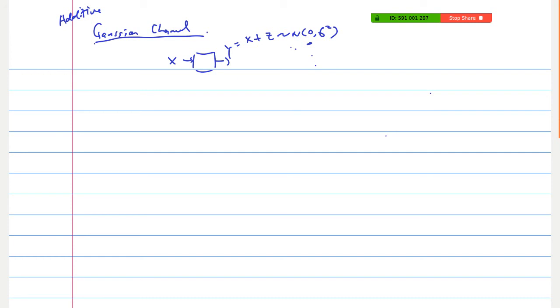Then the capacity again is just equal to the maximum over p(x). This is a continuous channel, and we mentioned that the theorem applies to both discrete and continuous channels. Then I can write this as h(y) minus h(y given x).